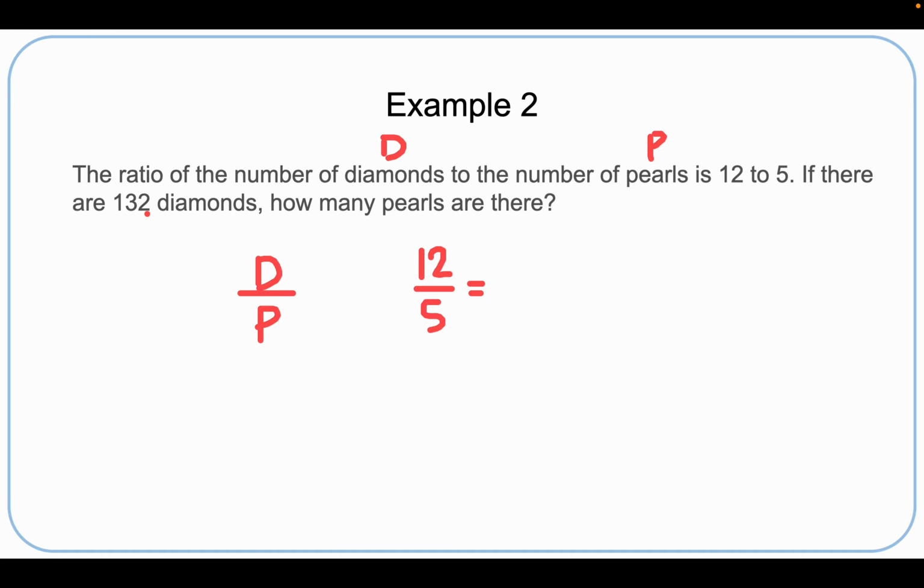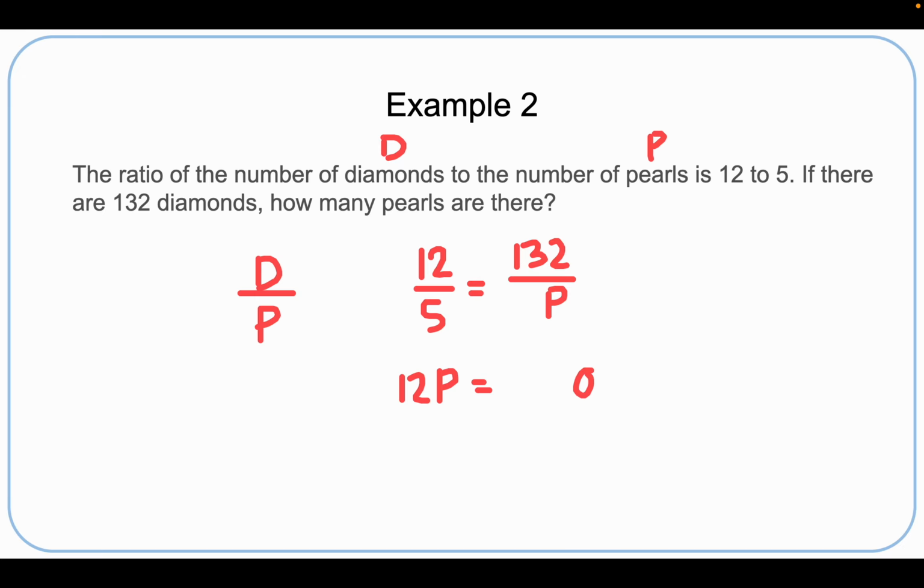We're told that there's 132 diamonds. So 132 is going to go in the numerator of our other ratio, and P for pearls is going to go in our denominator. So now we can cross multiply. We'll have 12P equals 132 times 5.